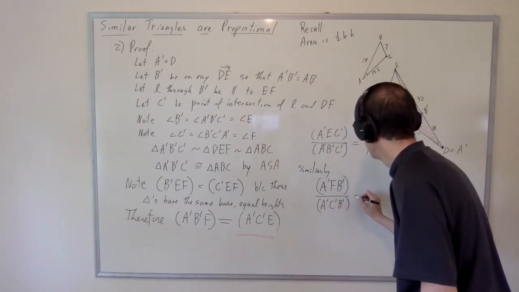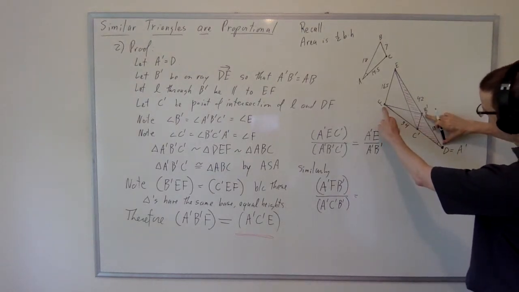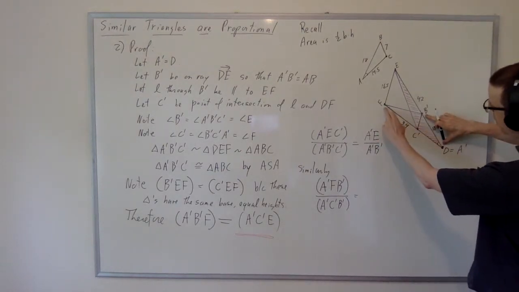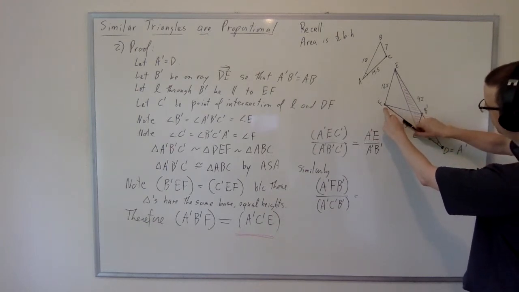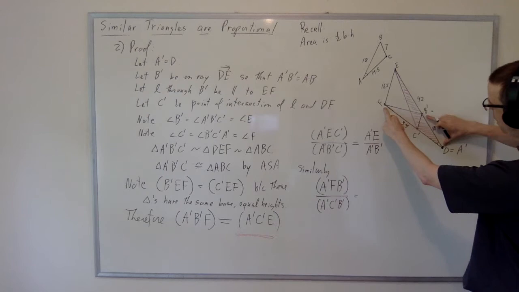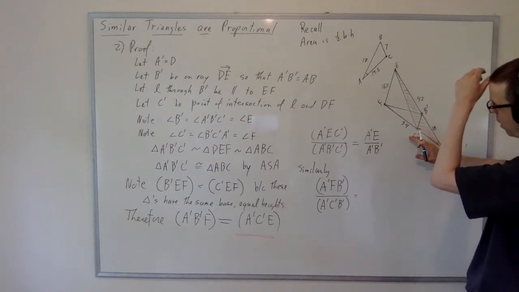Talking about this triangle here in relation to the smaller, they have the same height. If the base is here, the height of these triangles is, in both cases, the perpendicular distance from B prime to this line A prime F.